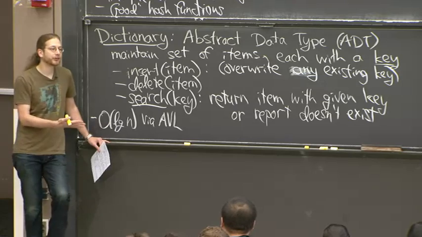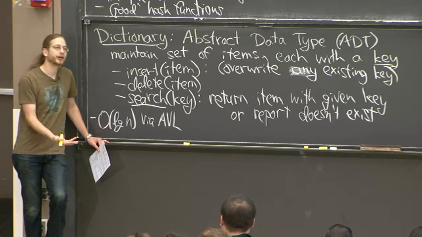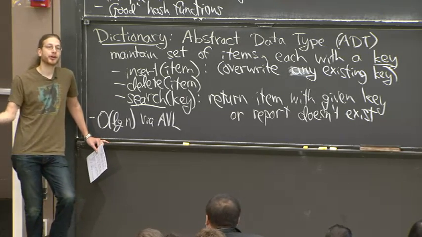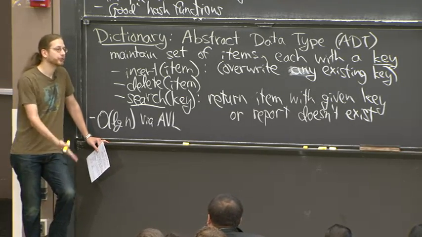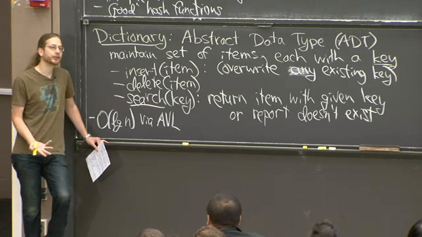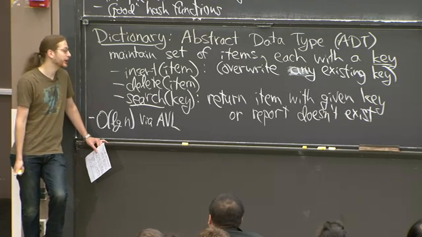Last class was about how, in the comparison model, the best way to sort is n log n, and the best way to search is log n. Then we saw in the RAM model, where if you assume your items are integers, we can sort faster. Sometimes we can sort in linear time. Today's lecture is about how to search faster than log n time.